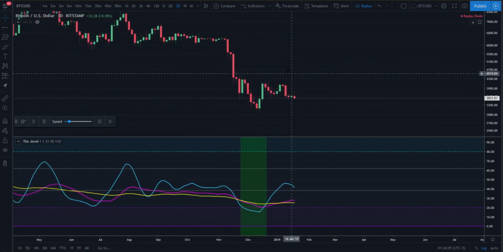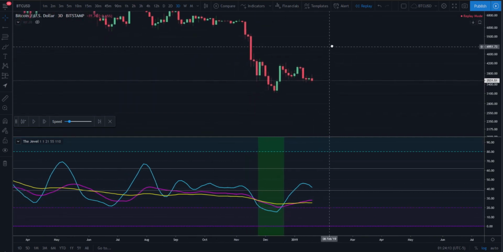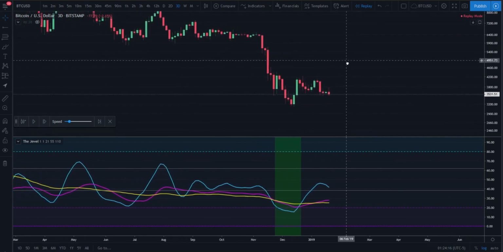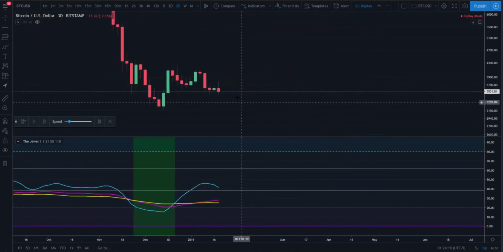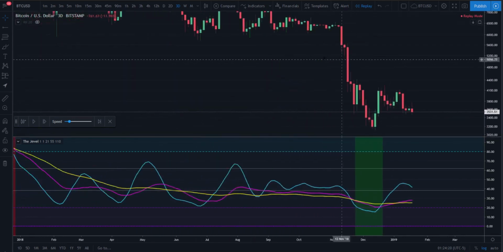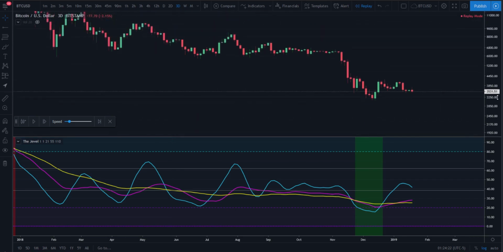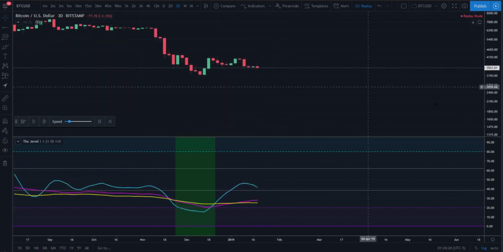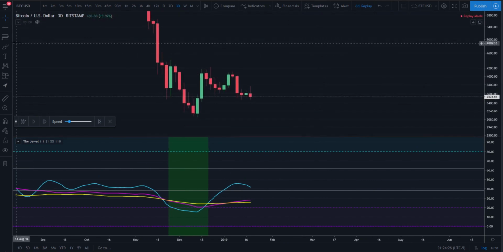So let's see how we could integrate the time frame switch into the dual, to try and find those best possible potential entries. So I'm here on a 3-day chart in Bitcoin, and what you know is that we need to pay attention.